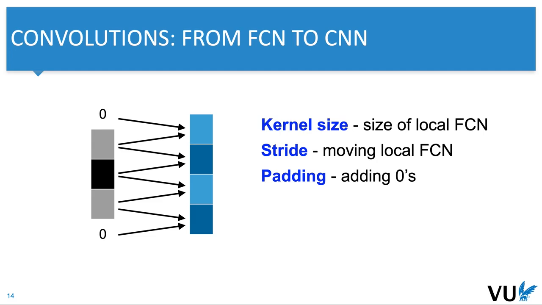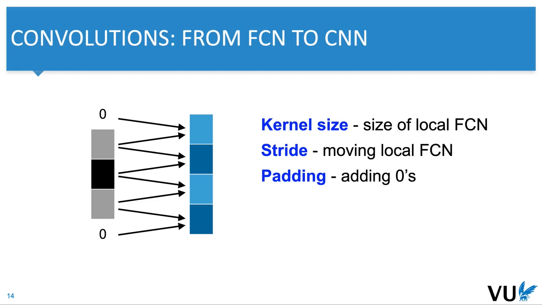What you want to achieve, okay? And now some nomenclature. The size of this local FCN, fully connected network, is called the kernel size. How it moves is called striding. If we move by 1, it means that we have stride 1, and then we have overlapping processing. This kernel moves in an overlapping manner.